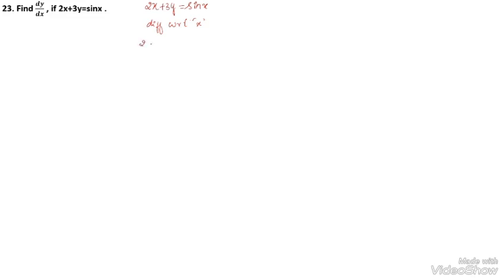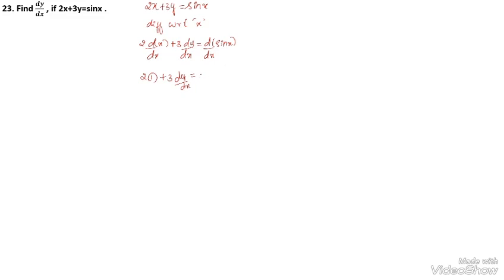Here 2 is a constant. d by dx of x plus 3 into d by dx of y is equal to d by dx of sin x. Now, 2 into the derivative of x with respect to x is 1, plus 3 into dy by dx is equal to the derivative of sin x.